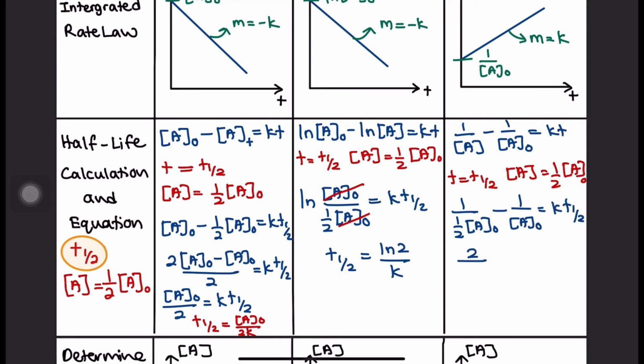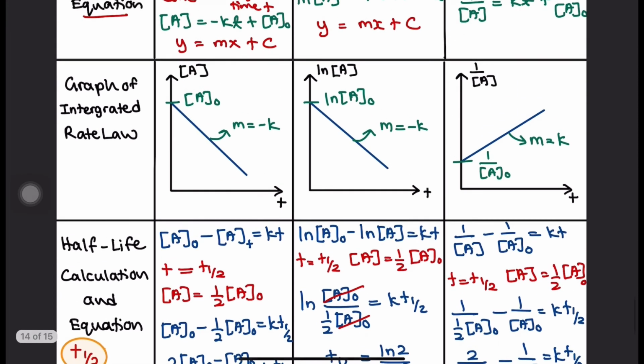Simplify the equation. And there you have it, the half-life equation for second order to be 1 over k multiplied by initial concentration of A.